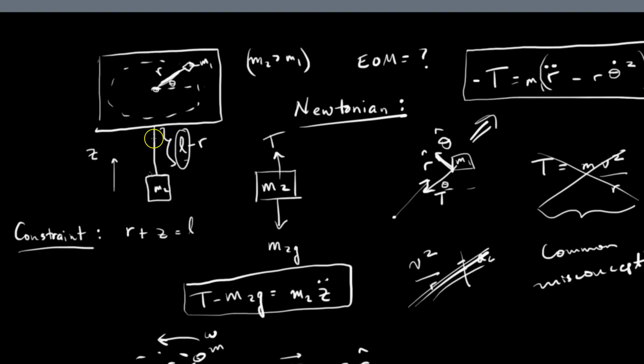If you add the Z length of the string and the R length of the string, you have to have L. It has to be constant. So if we take the derivative of this twice, the derivative of L is just 0. So we get R double dot plus Z double dot is 0. Or if you want to write it more compactly, Z double dot is negative R double dot.